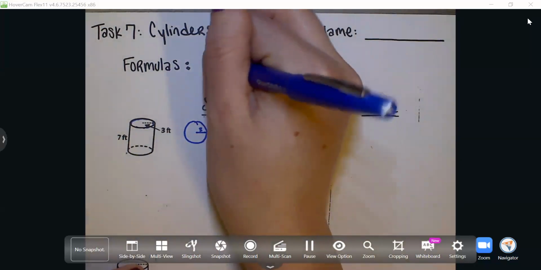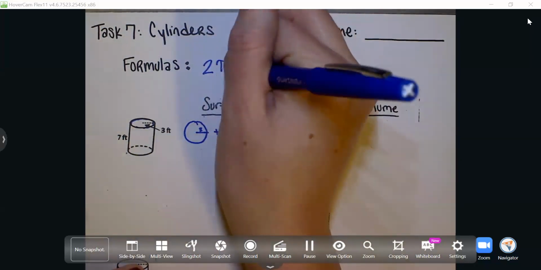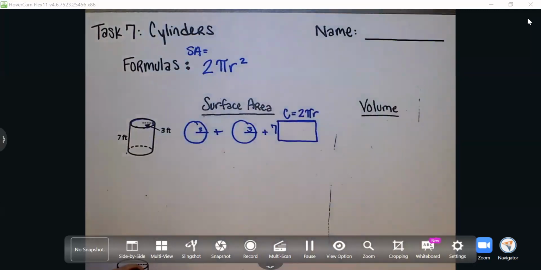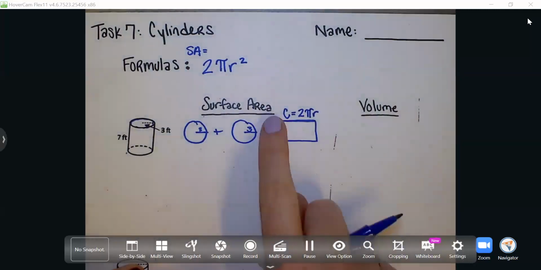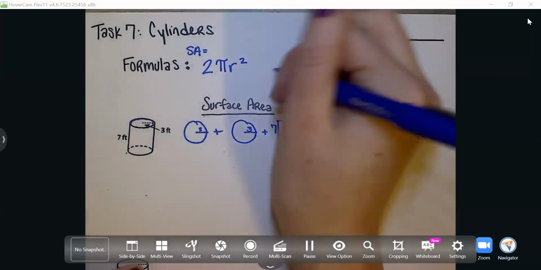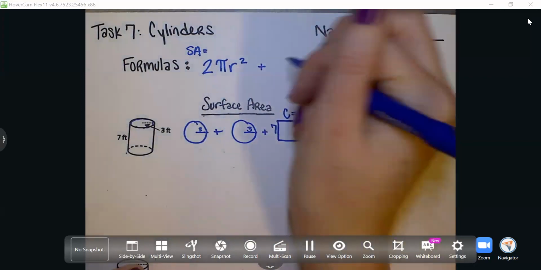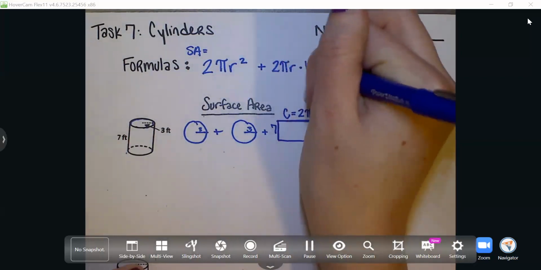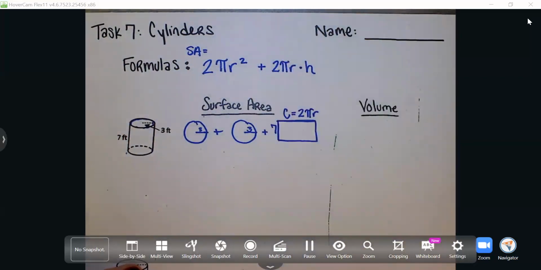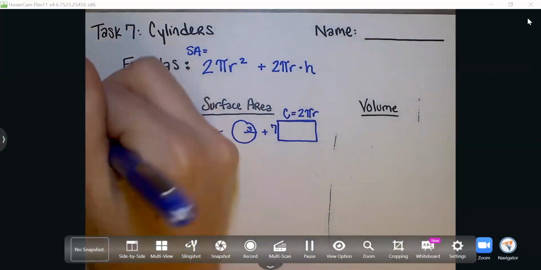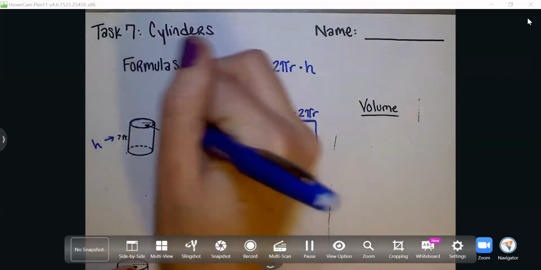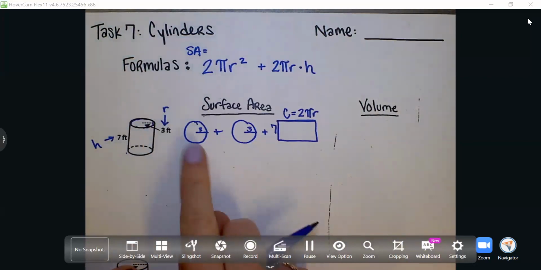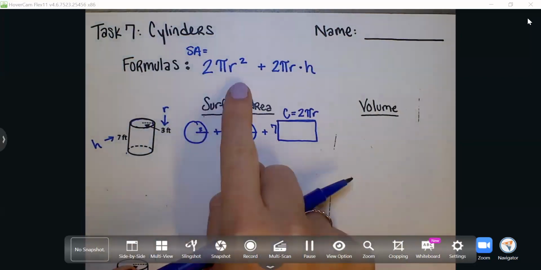So I have two circles that are pi r squared. Sorry, this is surface area. And then I have one rectangle, length times width. So I have a formula where I just do 2 pi r, that circumference, times the height of my cylinder, where that 7 feet is my height and 3 feet is my radius. So that radius of 3 I'm going to use in that part here.